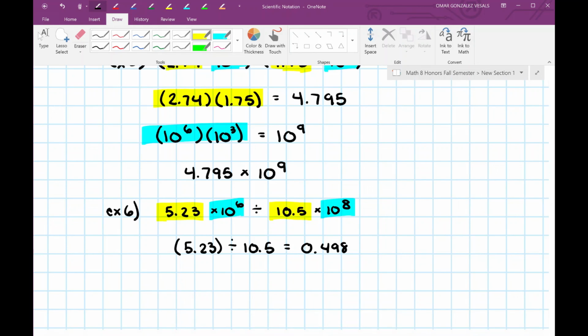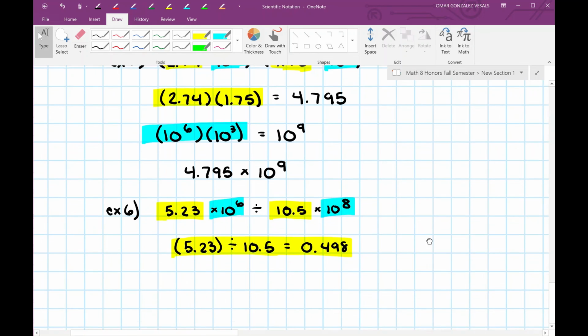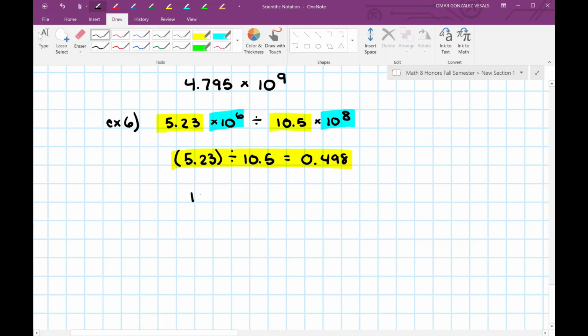So that was the yellow part. And now for the blue part, it's 10 to the 6th, think of it like this, divided by 10 to the 8th. You guys are probably a little more comfortable with it written like that. So that would be 10 to the what? 10 to the negative 2.